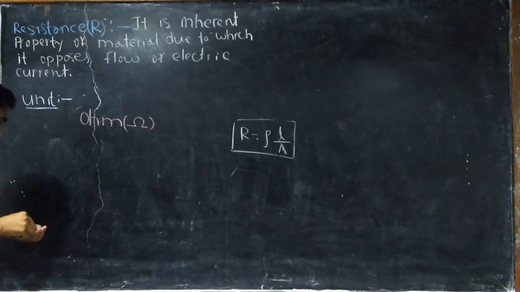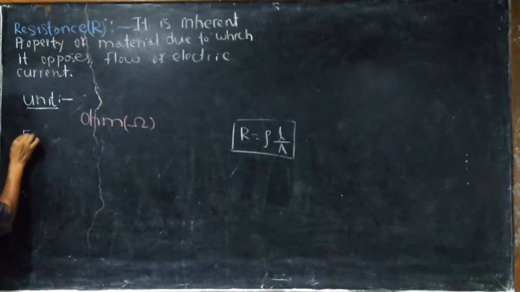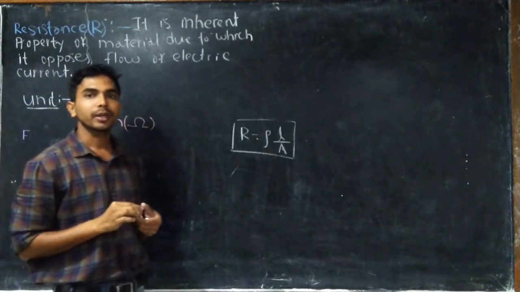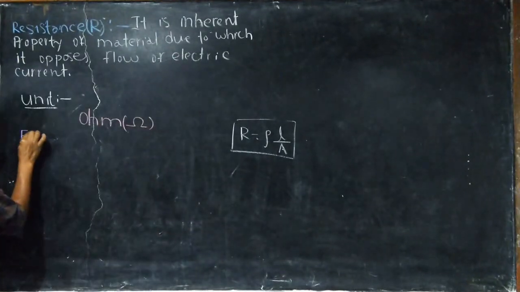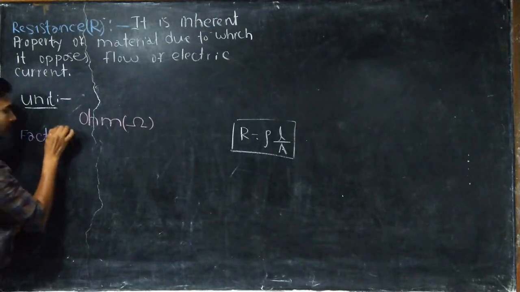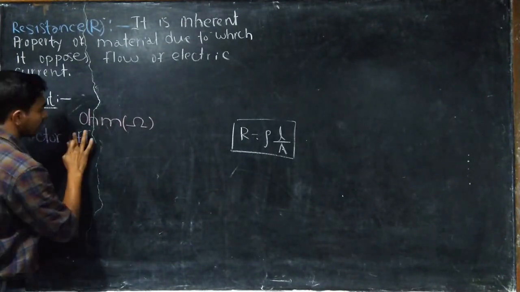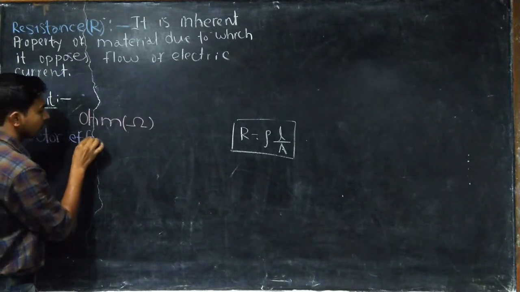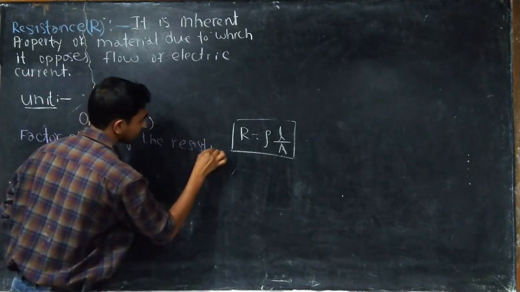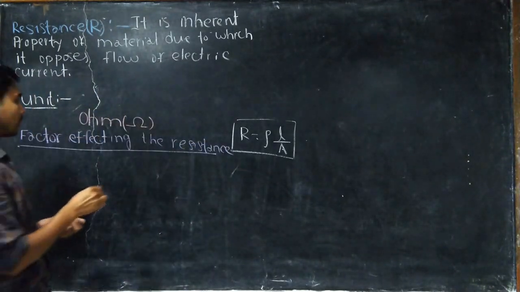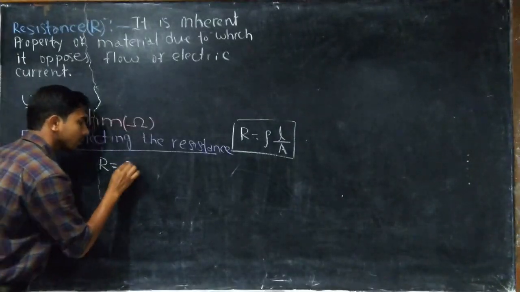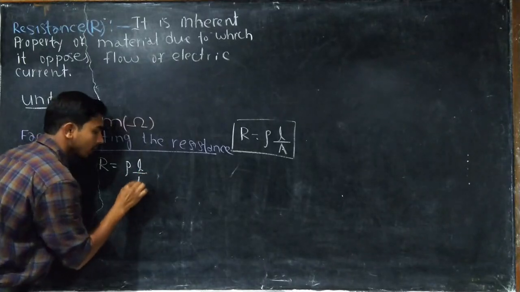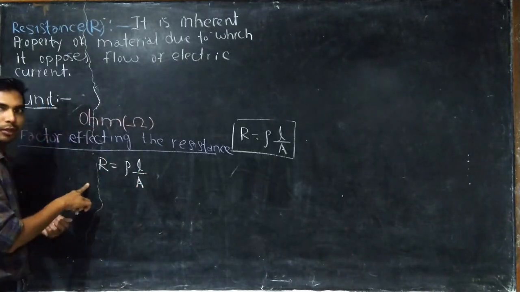Next we are going to discuss the factors affecting the resistance. What is the formula of resistance? R is equal to rho L by A. You know this formula.